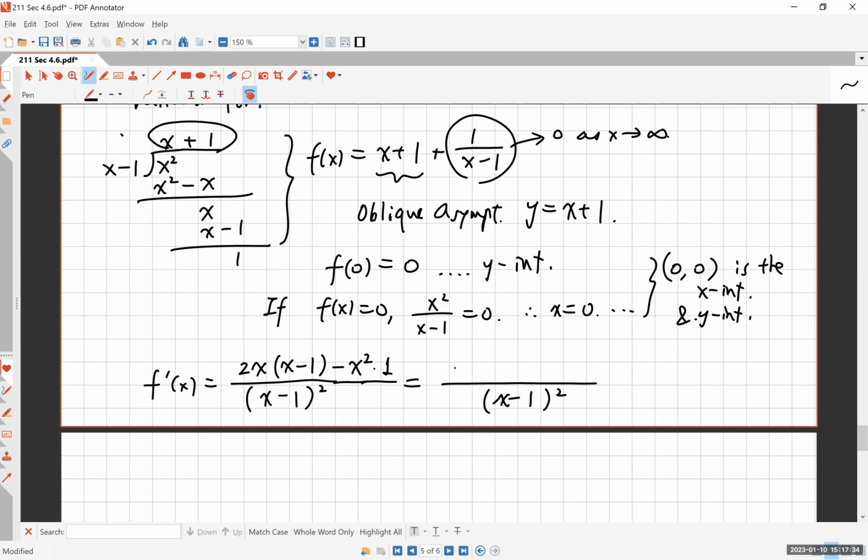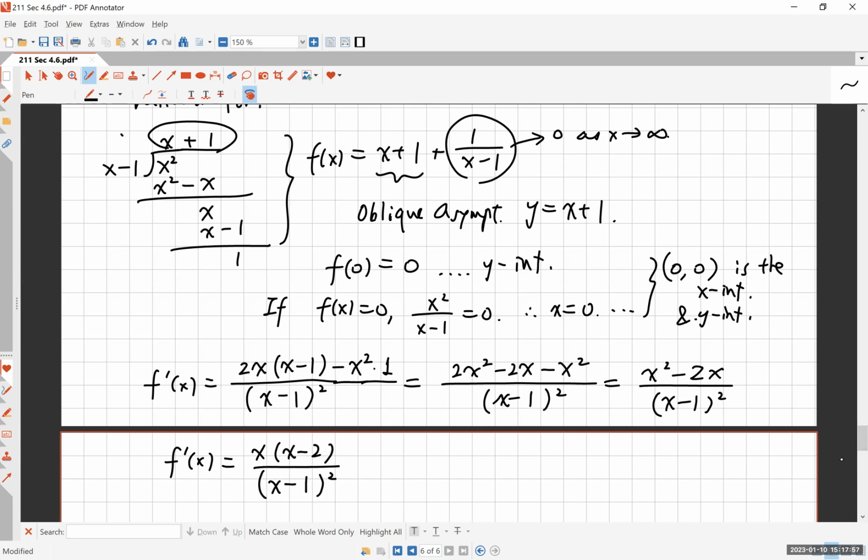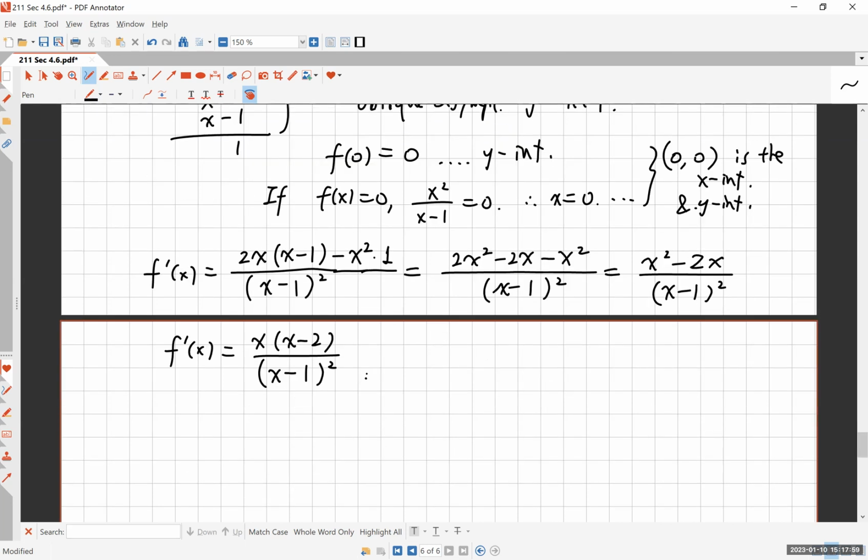So this is going to be 2x squared minus 2x minus x squared, and that's x squared minus 2x divided by x minus 1 squared. Let's rewrite this. The derivative of this function is x times x minus 2, all over x minus 1 squared. So x can't be 1 because if x is 1, this is not defined.